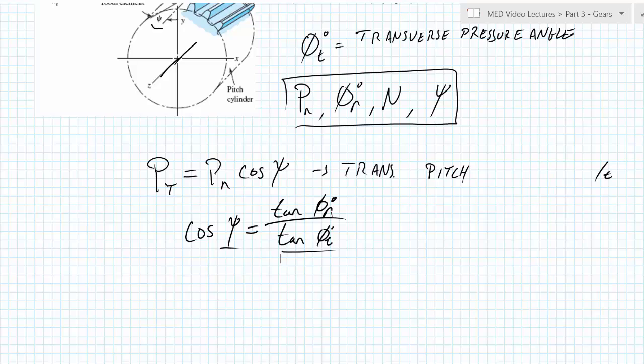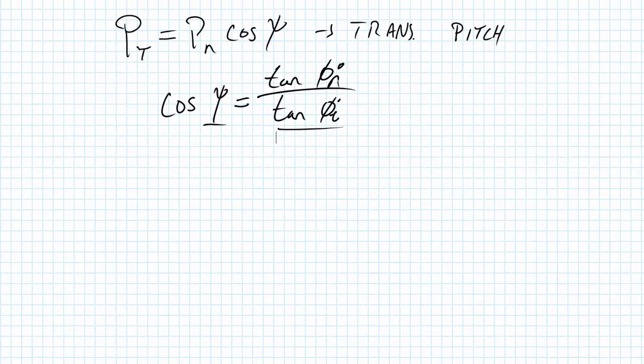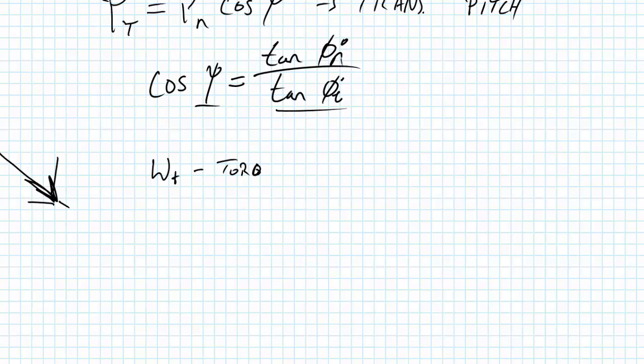All right, doing the trig based on those, we can see that there's some W force acting down on our gear, and it's going to have three components. The first is Wt, the one that's actually transmitting the torque. It is also putting the gear tooth in bending.